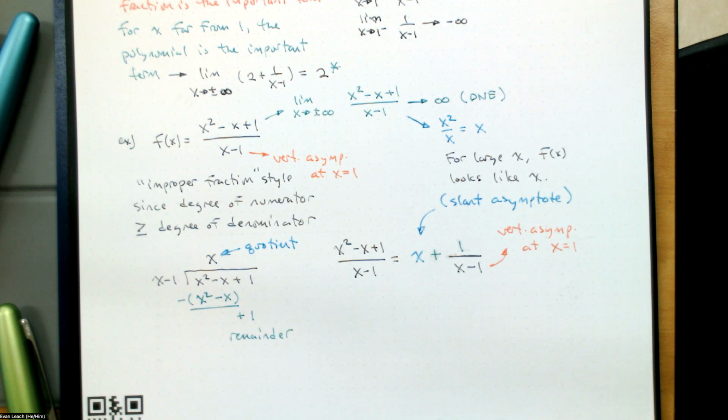When x is far from 1, the function just looks like x, y equals x. When x is near 1, the fraction is the most important term.